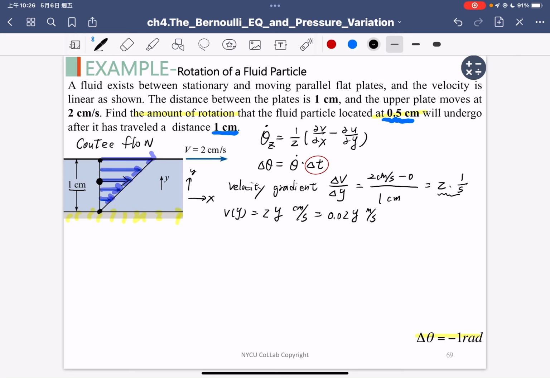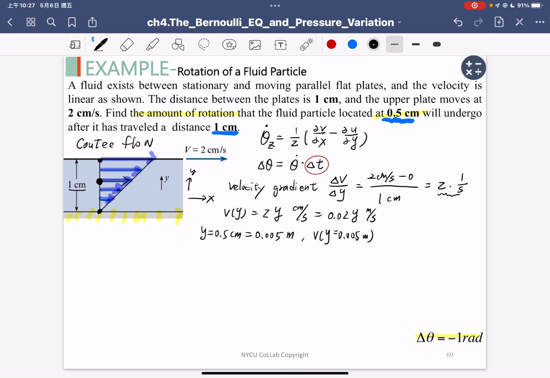So right now we would like to calculate when y is equal to 0.5 centimeters. We can change the dimension to 0.005 meter, right? So we can estimate the velocity. Right now y is equal to 0.005 meters.